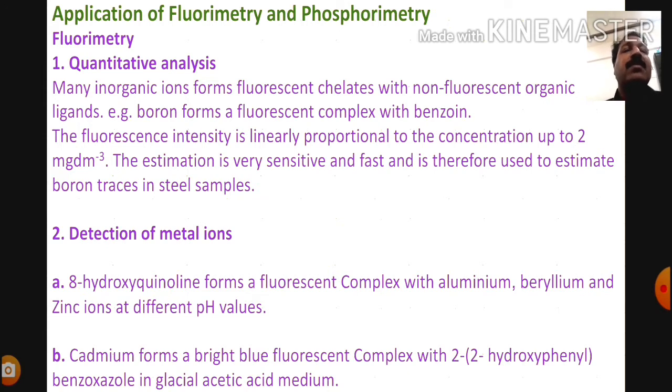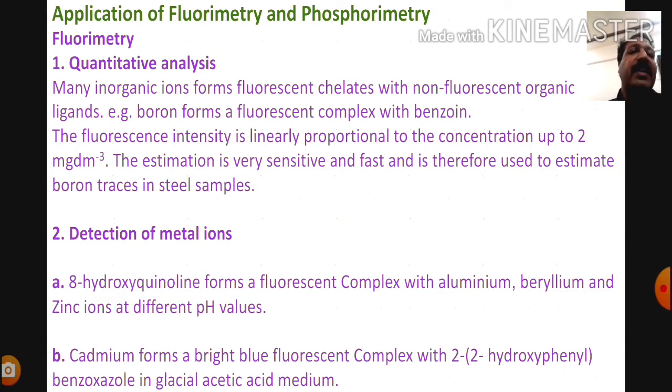For example, boron forms a fluorescent complex with benzoin. The fluorescence intensity is linearly proportional to the concentration up to 2 mg per dm cube. The estimation is very sensitive and fast and is therefore used to estimate boron traces in steel samples.